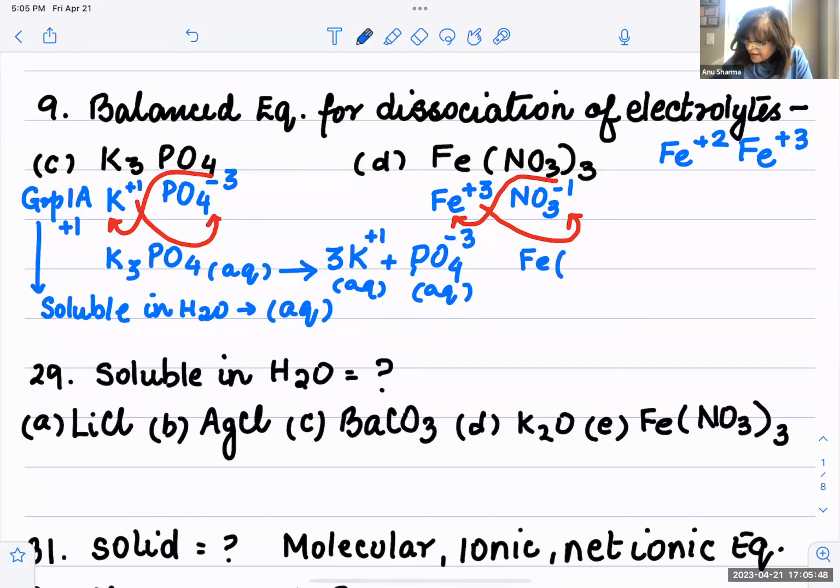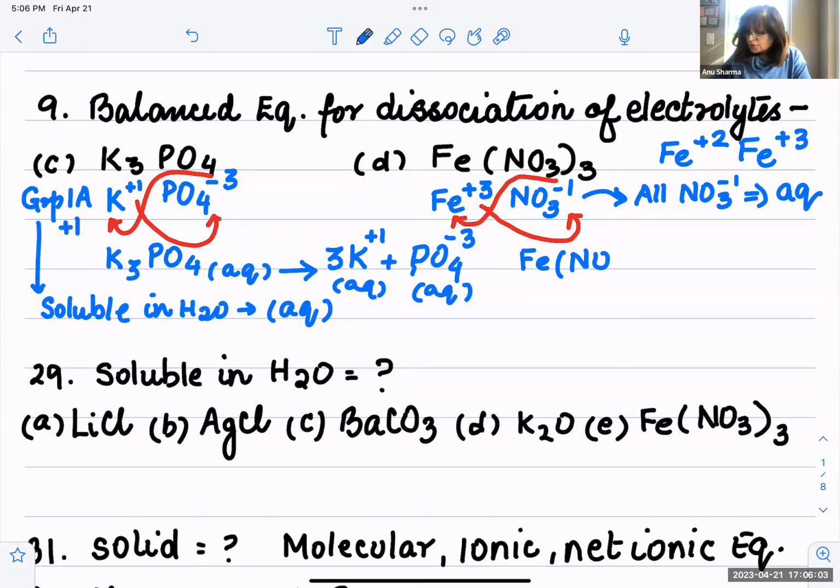So let me write this down, iron nitrate. And remember the rule that all nitrates are soluble in water. Anytime nitrate attaches to anything, it becomes soluble in water, so it's always aqueous. So Fe(NO3)3 is aqueous, soluble in water.